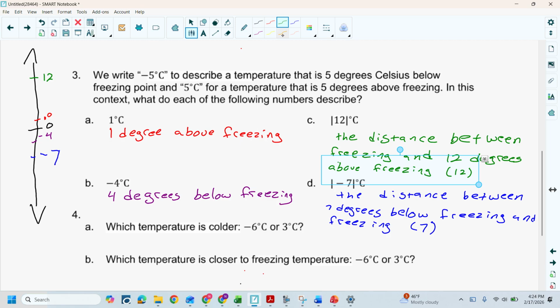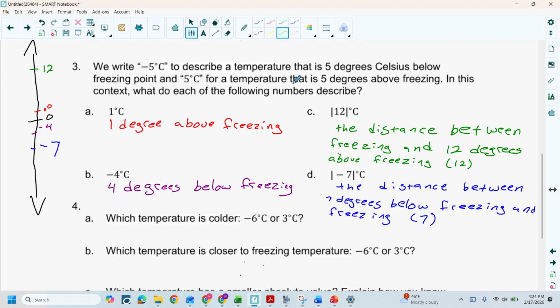Okay, and so now, which temperature is colder? -6 degrees Celsius or 3 degrees Celsius? Well, 3 degrees Celsius is above 0, and -6 is below 0.